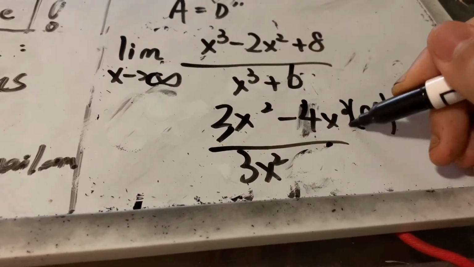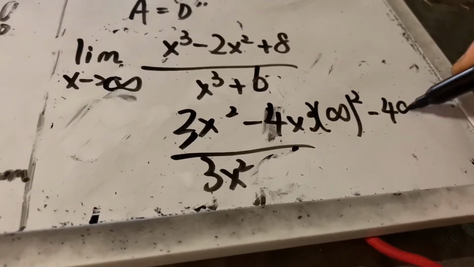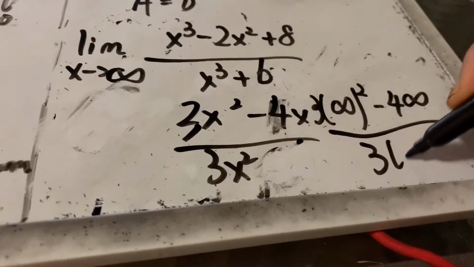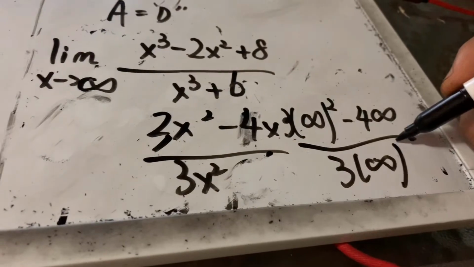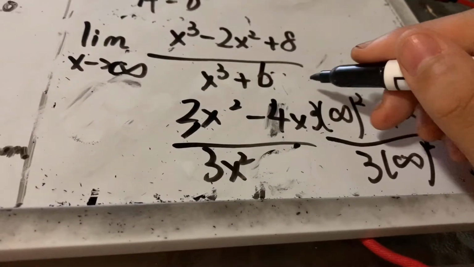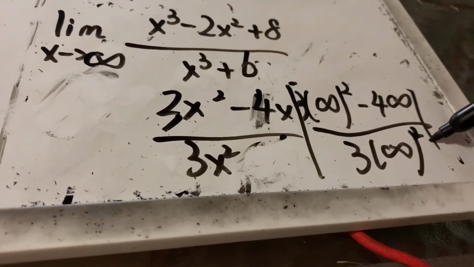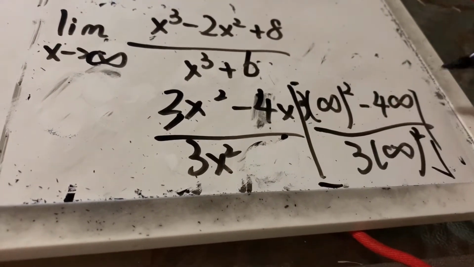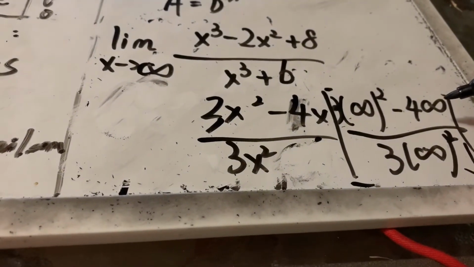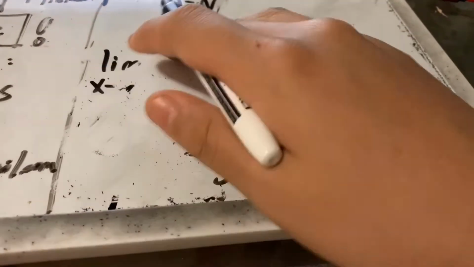It is not a good problem to apply here because you still need one more step of calculating to see whether it actually works. So that is basically how L'Hopital's rule works.